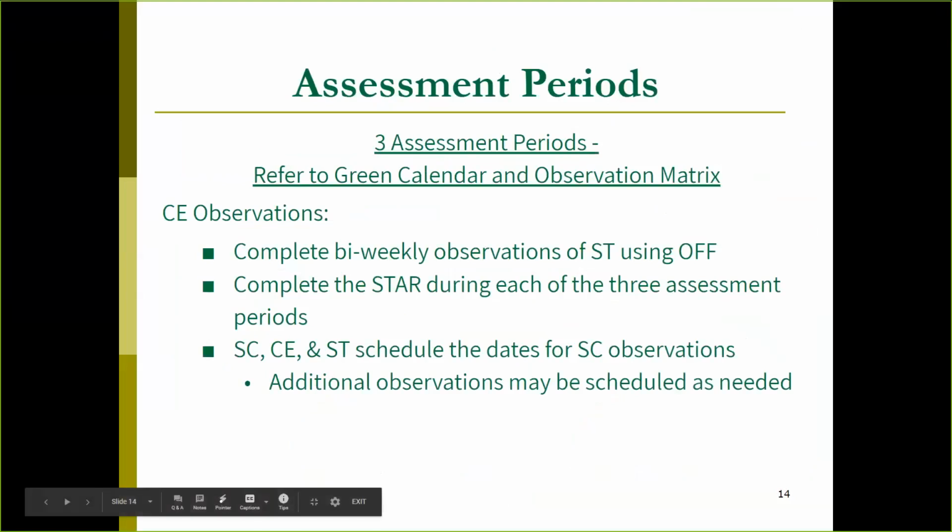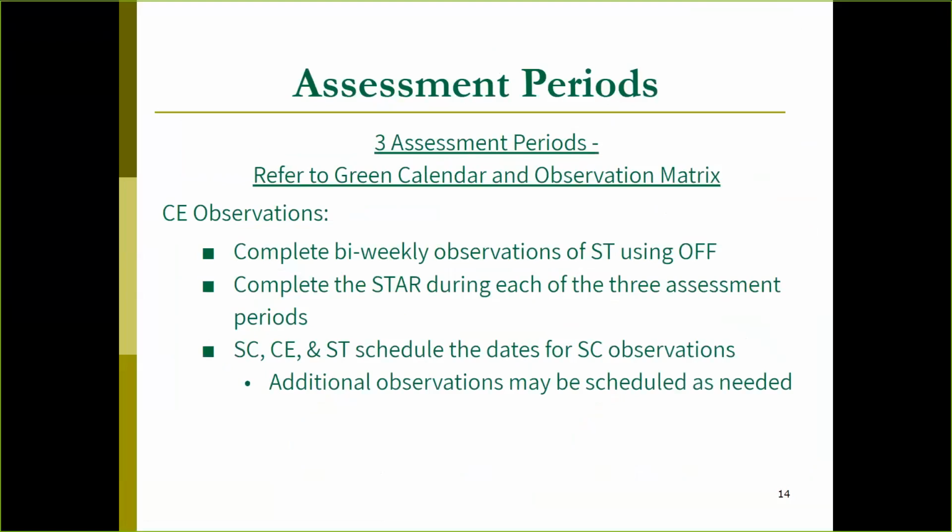And then you, as the CE, will also complete the STAR, the Student Teaching Assessment Rubric, which we'll look at in a few slides as well, one time during each of the 3 assessment periods. Your assigned site coordinator will schedule dates in which he or she will come out to complete the same kind of process, and additional observations may be scheduled as needed.